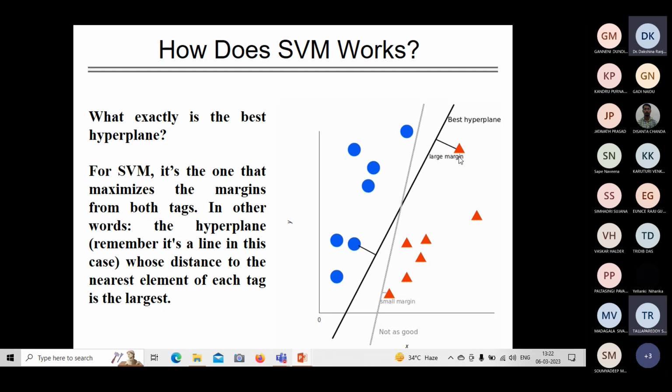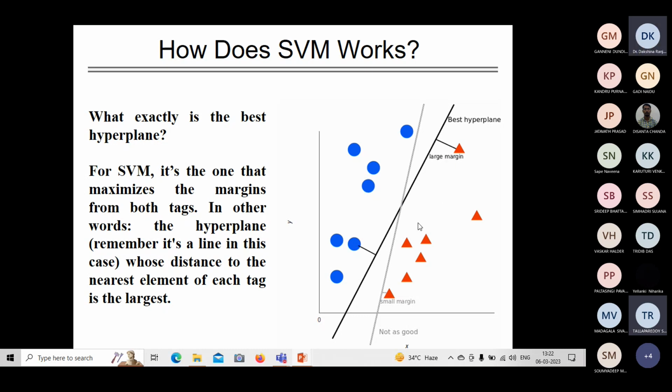If we get the distance from this blue circle and this red triangle to this hyperplane, these points are found to be close to the hyperplane. That is why we are getting the distance from these two points, obtained from two different classes. This margin should be maximized.